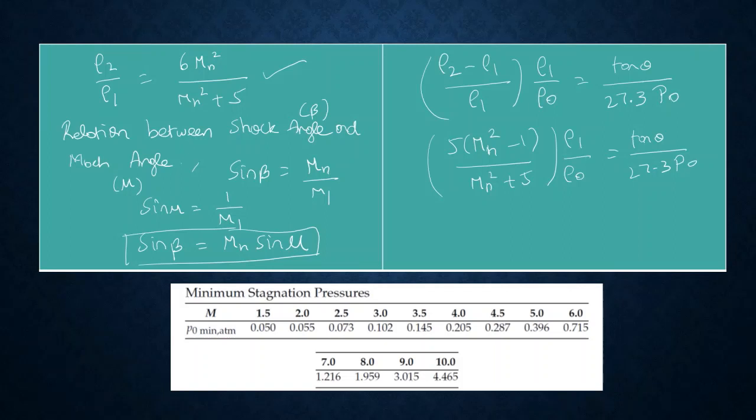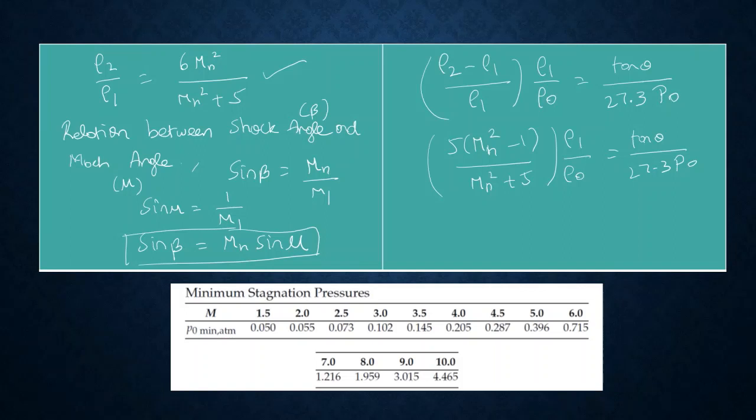Now by this relation, you know the value of Mn now, you know the value of rho 1 by rho naught now, and finally you are going to predict only the value of p naught, right? So in order to find the value of p naught, we can find the value of p naught directly.